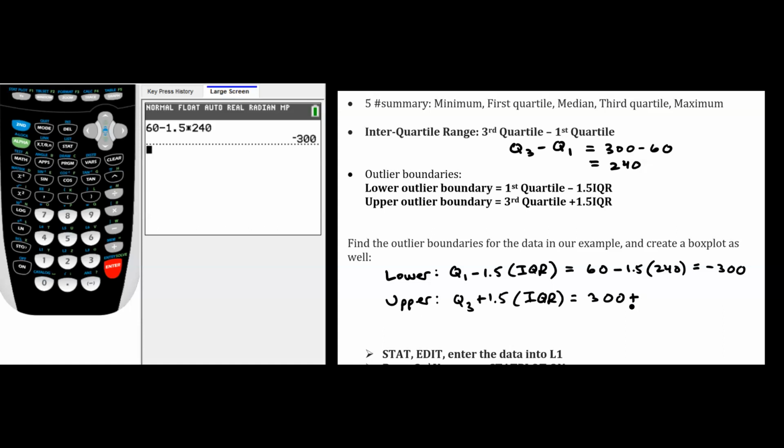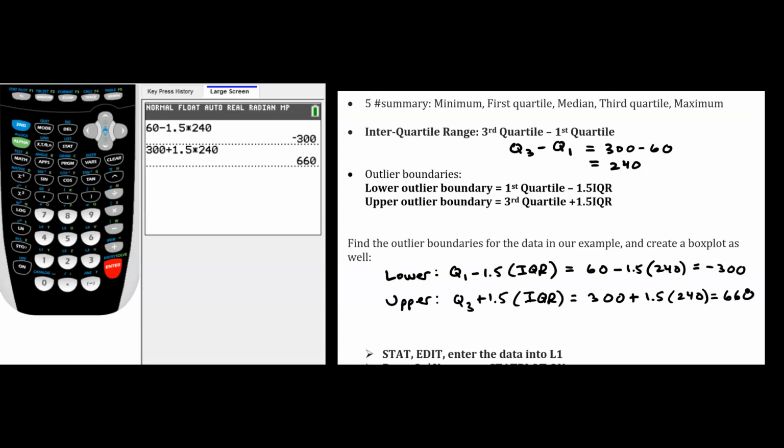Here, make sure you're saying 300 plus 1.5 times 240, and that gives us 660.